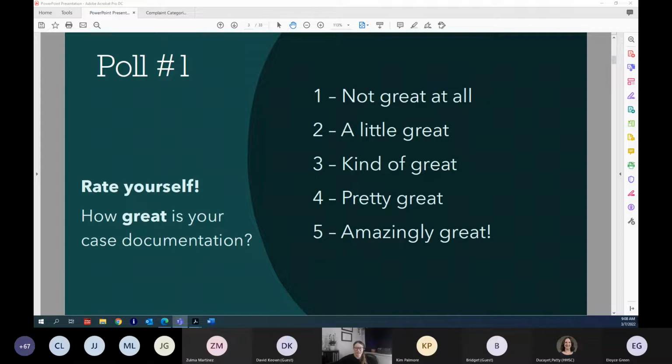All right, I think that's been a good amount of time. Let's go ahead and look at the results. And I forget if you guys can see them, so I'll tell you what I'm seeing. We've got about 7% who said 1, not great at all, 20% who said 2, kind of a little great, 35% at 3, which is kind of great, 36% at 4, which is pretty great, and only 2%, y'all are so modest, are saying you're amazingly great, doing everything perfect.